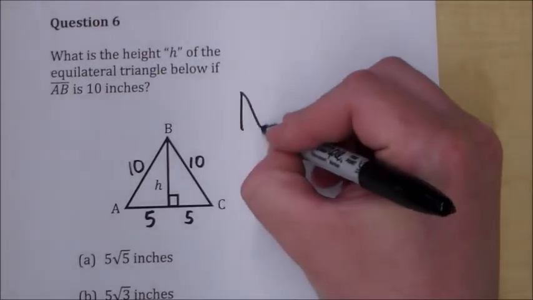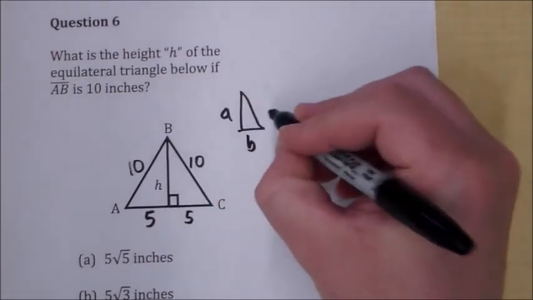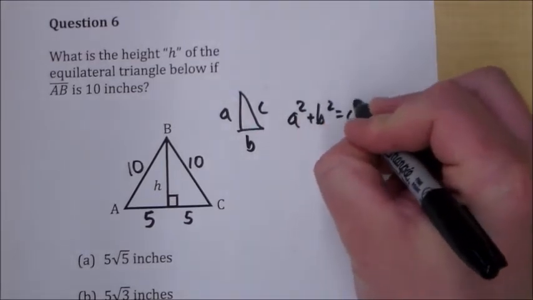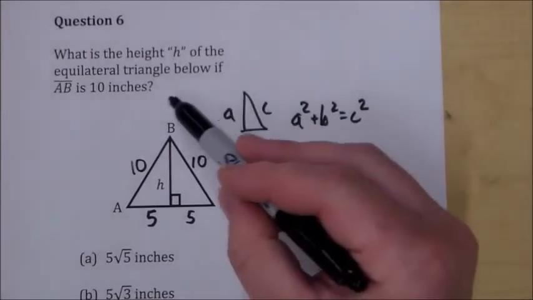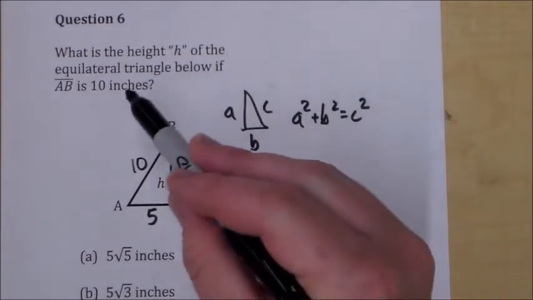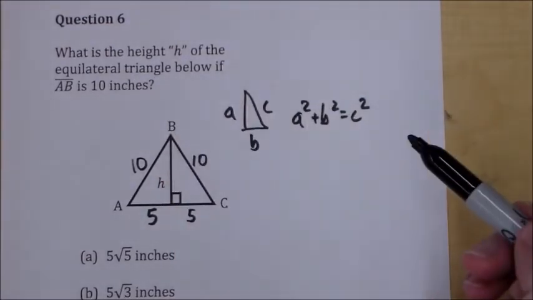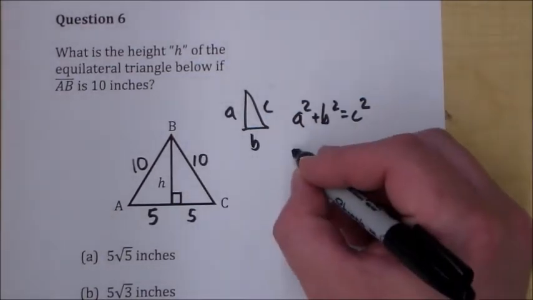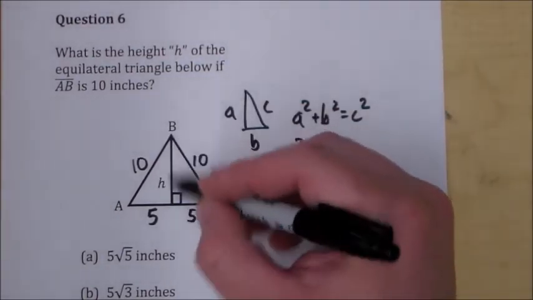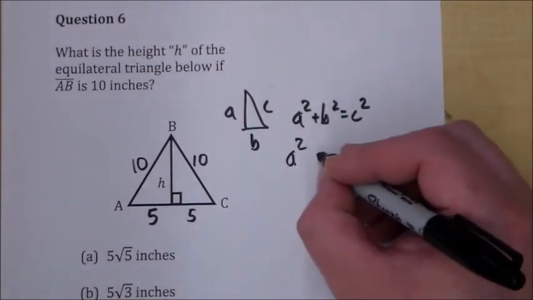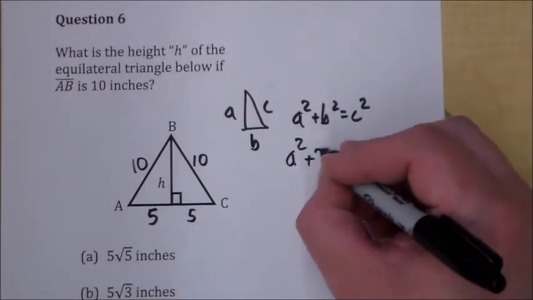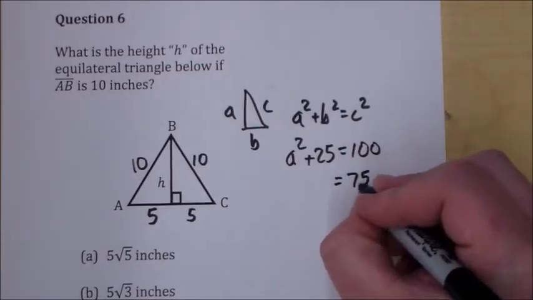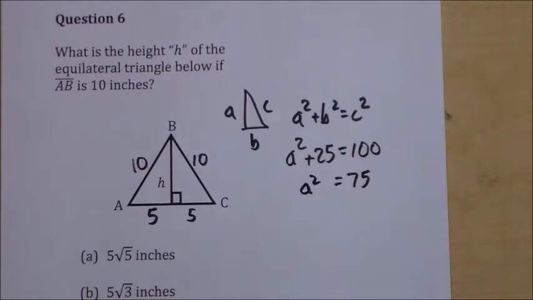If we have a right triangle, a squared plus b squared will equal c squared. It says equilateral triangle and you're thinking equilateral triangles, but really it's a Pythagorean theorem, right triangle question. So let's do it. What's a squared? That's our unknown. What is b squared? That's 25. And c squared is 100, so we subtract 25 from both sides, and we get a squared equals 75.